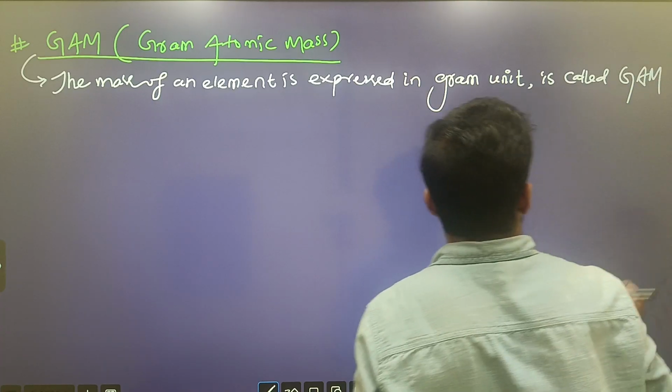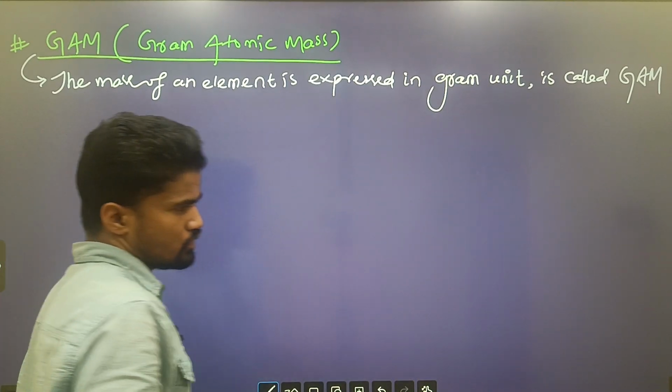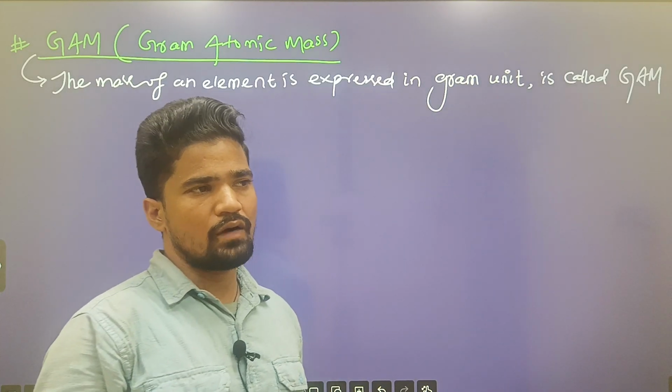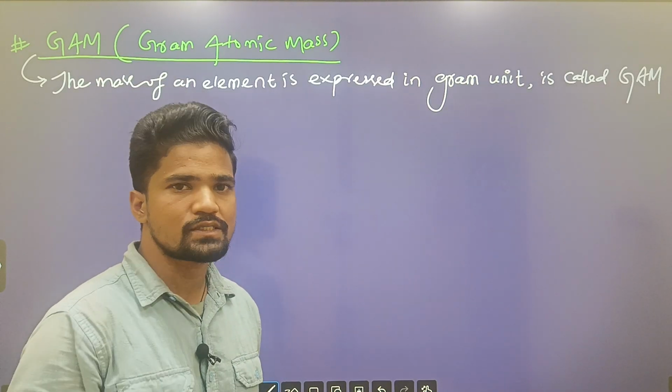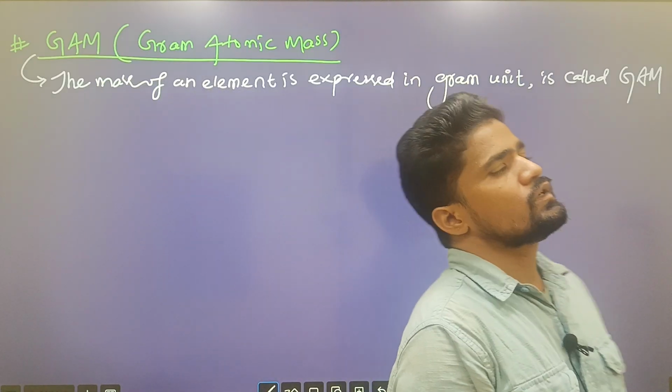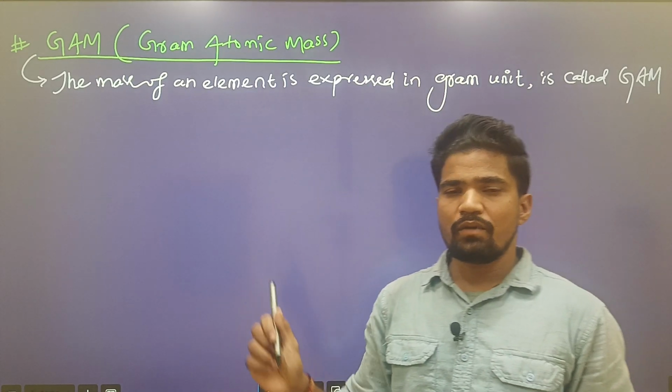So serially, we should remember these three terms: RAM, AM, GAM. RAM is relative atomic mass, AM is average atomic mass, and the last one is gram atomic mass.